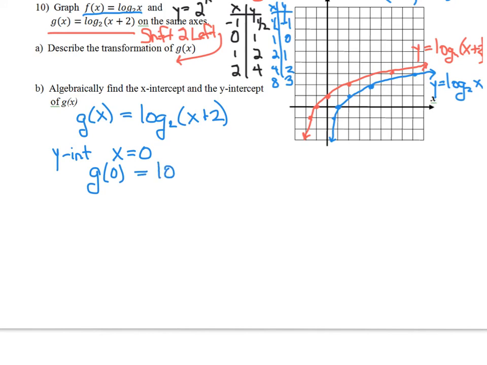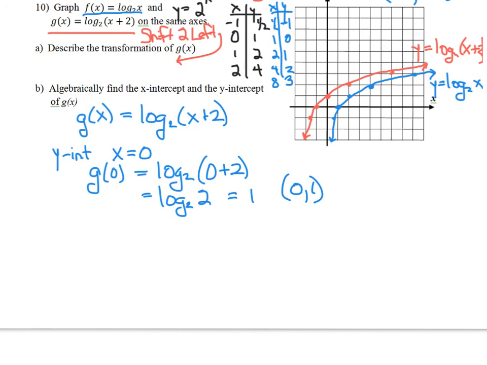That's just going to be log to the base 2 of 0 plus 2, which of course is log to the base 2 of 2, which asks the question, what exponent do I need to raise 2 to get an answer of 2? And that answer is 1. So my y-intercept is the point 0, 1. I can definitely see that on my graph right here.